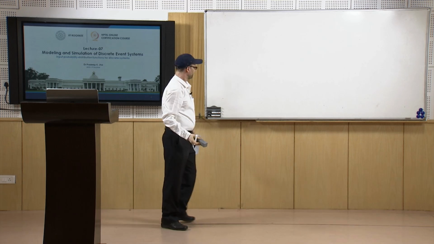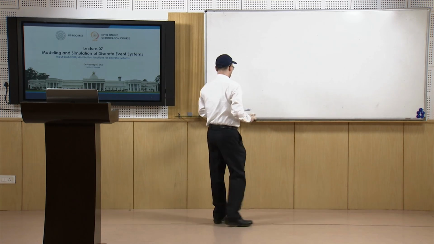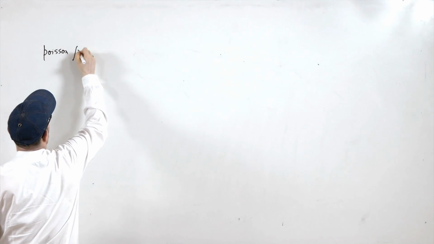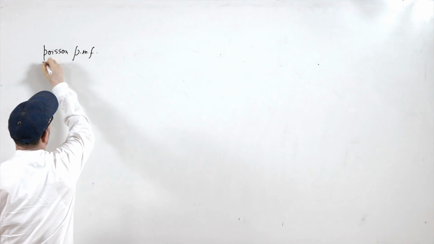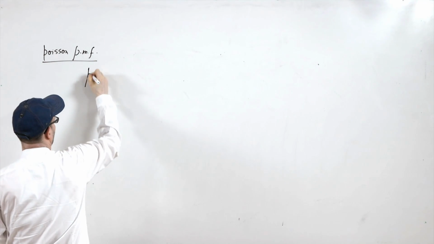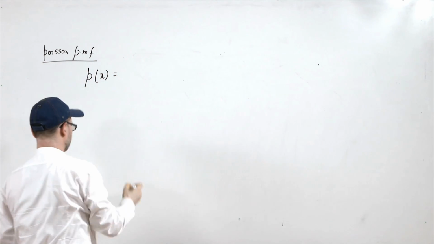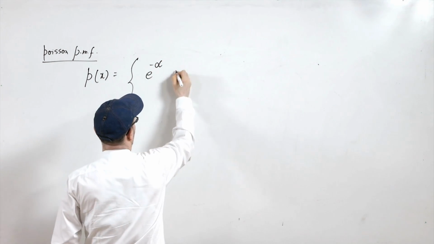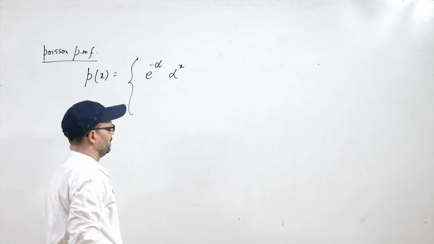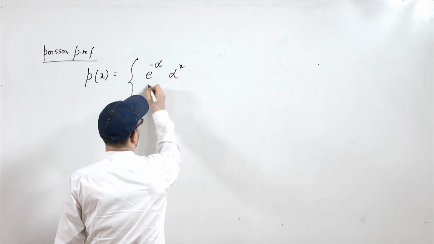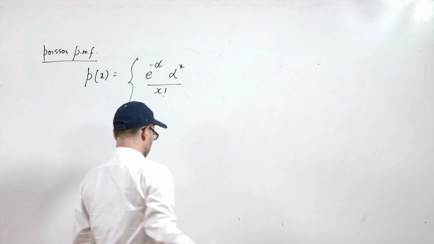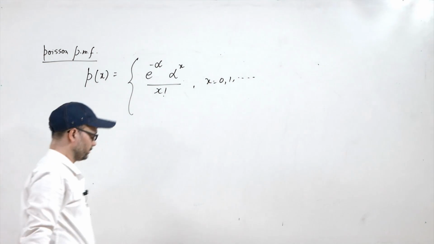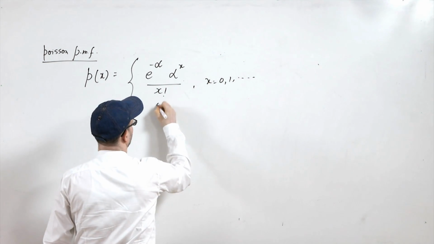Now, in the case of Poisson distribution, the Poisson probability mass function is defined as P(x) will be e raised to the power minus alpha and alpha raised to the power x by x factorial, for x is 0, 1 and so on, and then it is 0 otherwise.